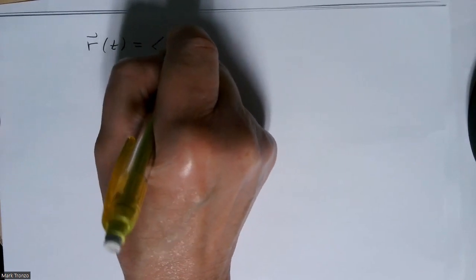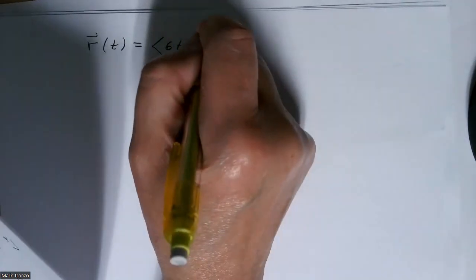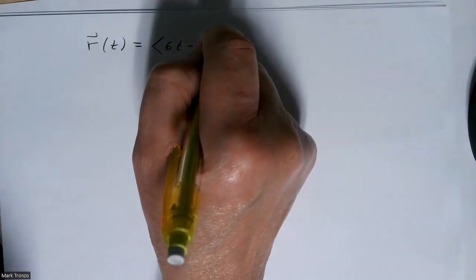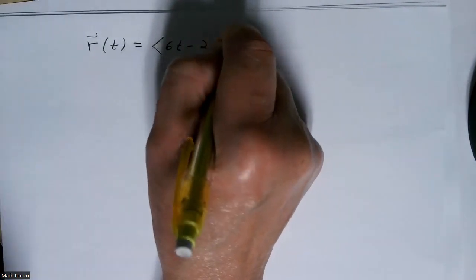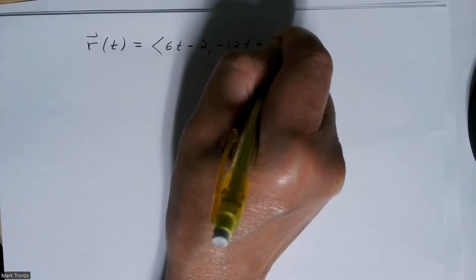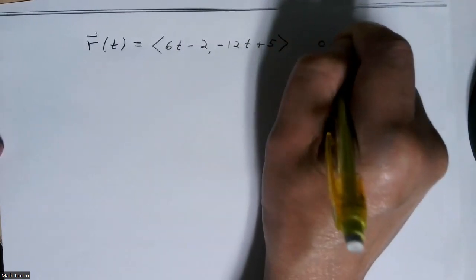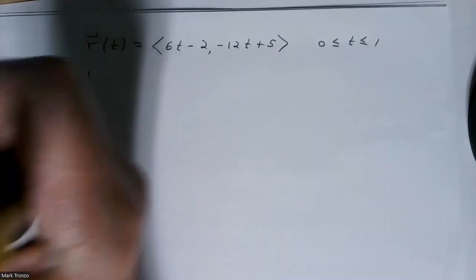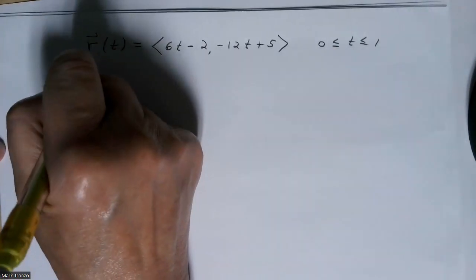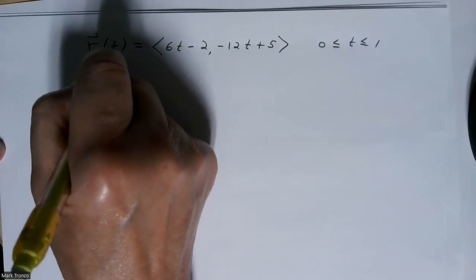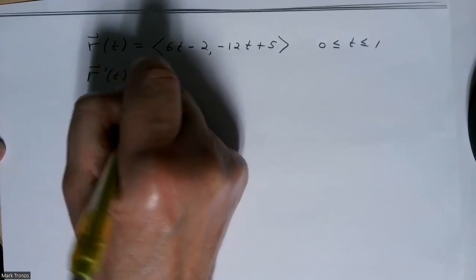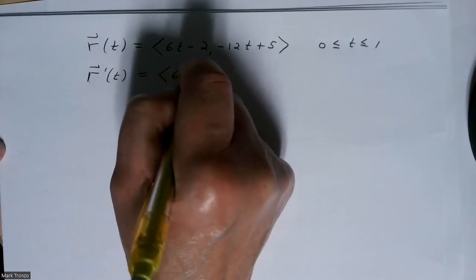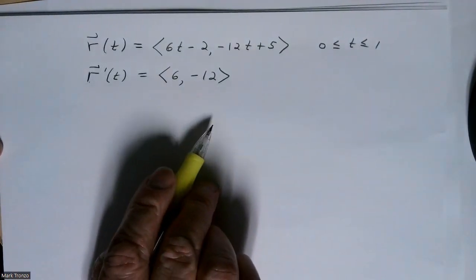We had 6t minus 2, minus 12t plus 5. And of course, remember that is going from 0 to 1. So we'll take the derivative of this. Of course, that's pretty clear cut what we're going to get. It's just going to be 6, minus 12.